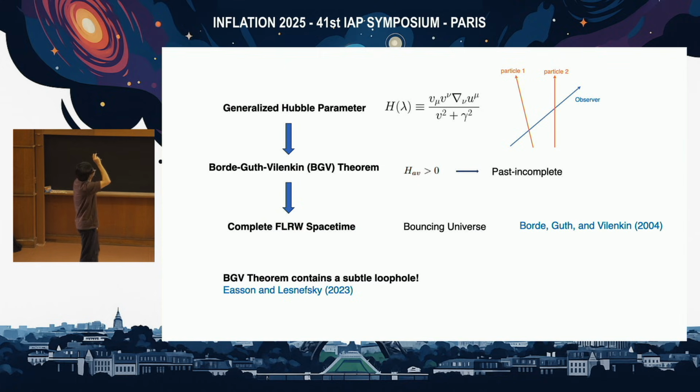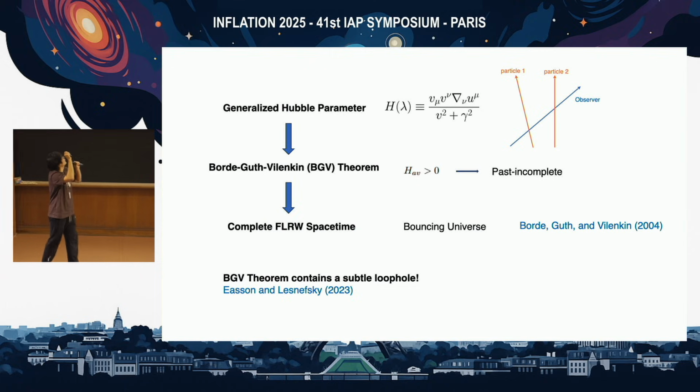If we want our FLRW spacetime to be path complete, there should exist a bounce. But in 2023, Easson and Lesnefsky gave a counterexample to this theorem, pointing out that the BGV theorem contains a subtle loophole.